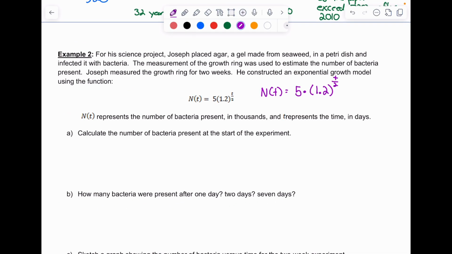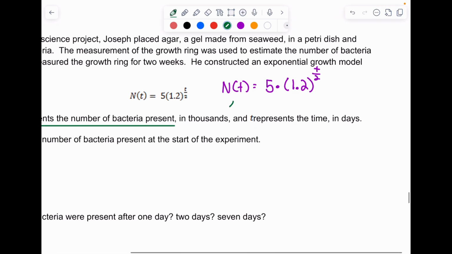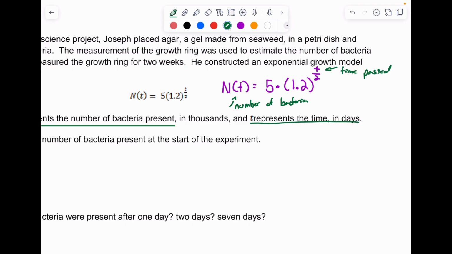And then it tells you that n of t represents the bacteria present. Okay? So this right here is the number of bacteria. And this right here is the time passed. Time in days, okay?